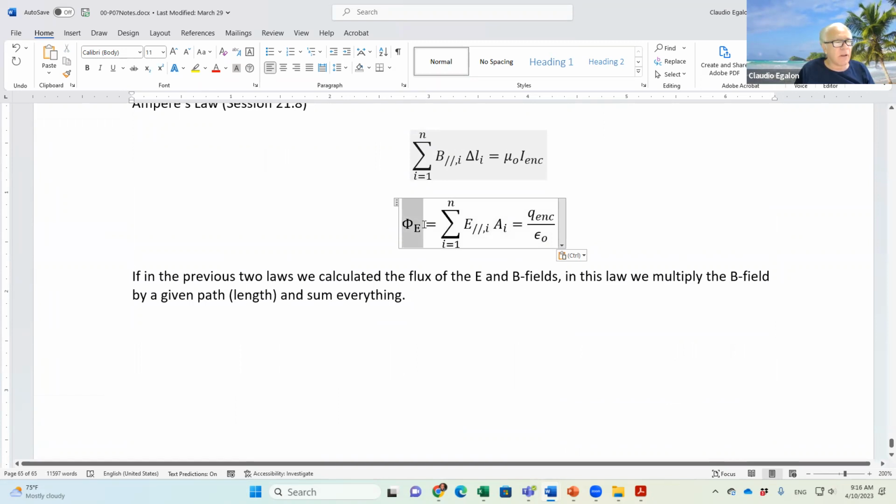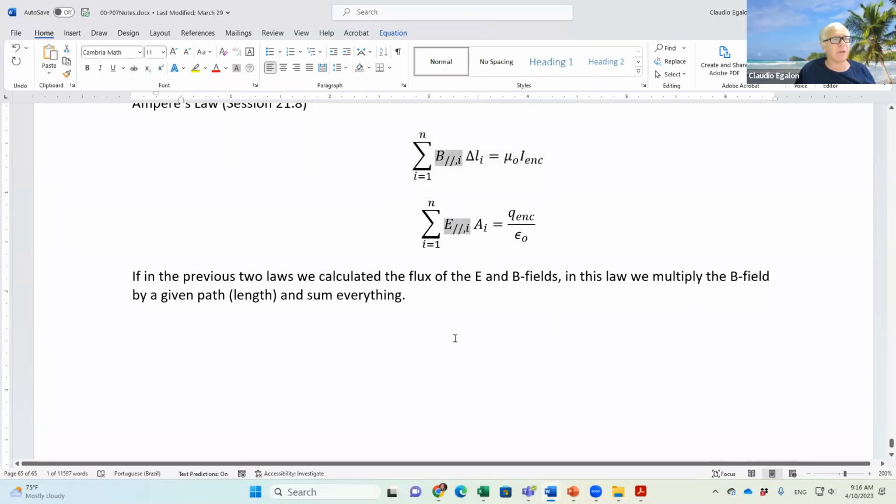The only difference here is that we have one field here and another field there. We have a source of the field in each, and a constant related to the field in each. The only thing that differs is that it's not an area, but a length of a path.